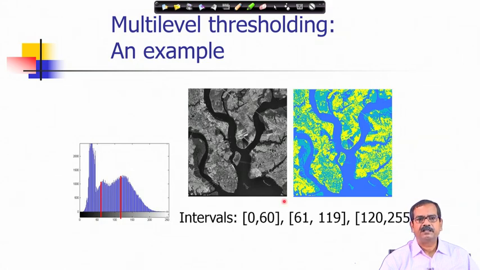As we can see from the intervals, they are 0 to 60, 61 to 119 and 120 to 255. These are the definitions of those non-overlapping intervals, and this is how the pixels in this image are grouped into three different segments.